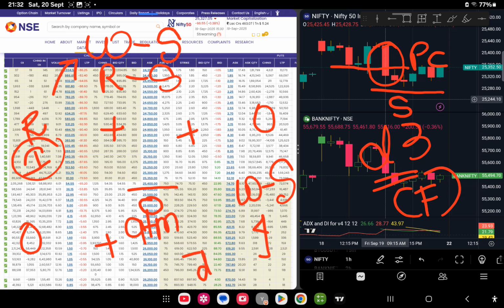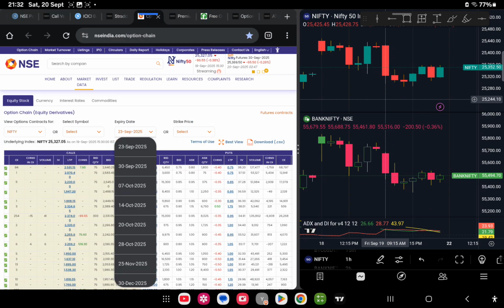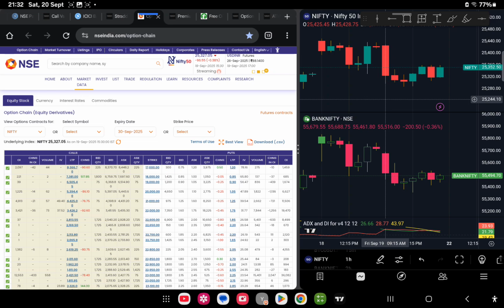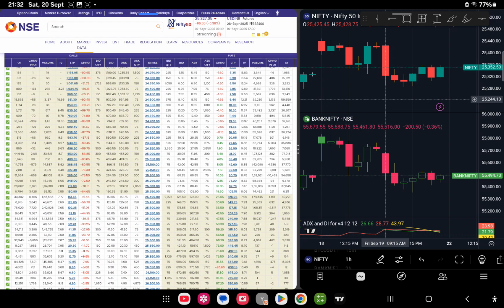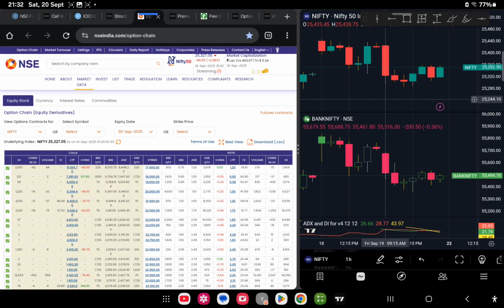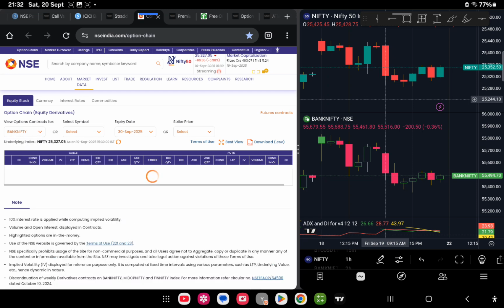Let's move on, and we are going to check the next expiry for the 30th, which is the monthly expiry, and then you could see the difference is a bit similar because of the price action. Now we'll go to Bank Nifty.